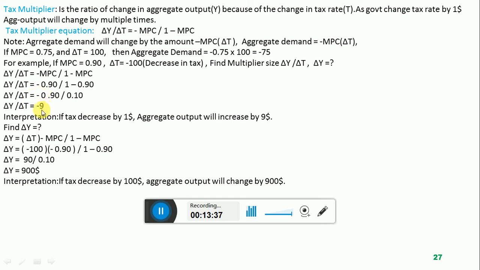If the tax rate decreases by $1, aggregate output will increase by $9. But here tax is not decreasing, it is increasing. So if the tax increases by $1, aggregate output will decrease by $9. This negative sign means a decrease in aggregate output, and that is $9.